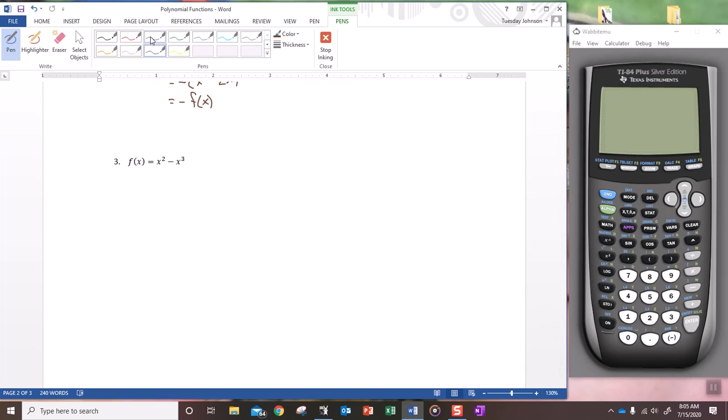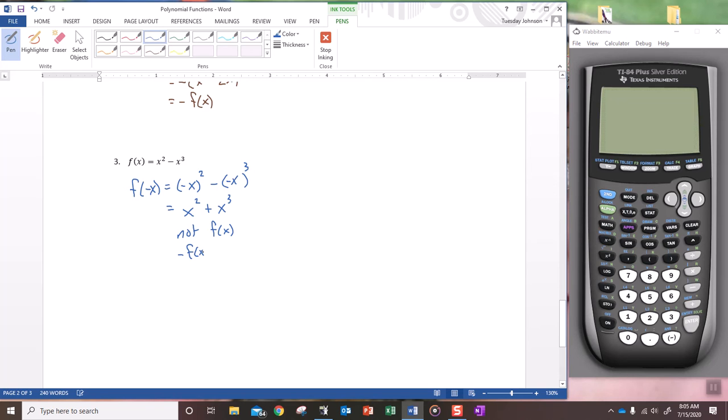One more example. Notice this has a mix of even and odd exponents. As we try to determine if this function is even or odd, input -x here. Always algebraically replace x with -x. I always use parentheses so I don't lose that negative sign as I'm raising my powers. Plus x cubed. And I can see that this is not the original function because the sign in the middle is changed.